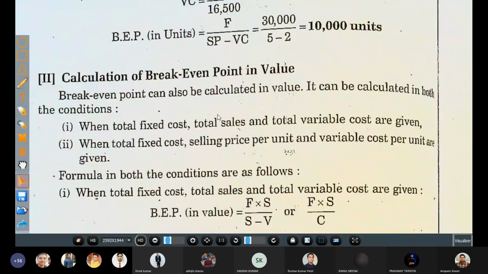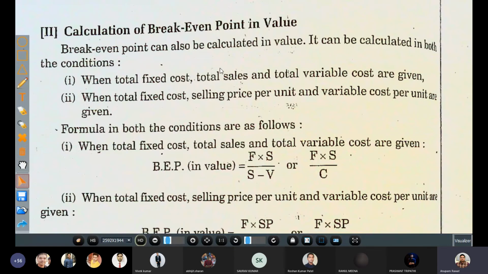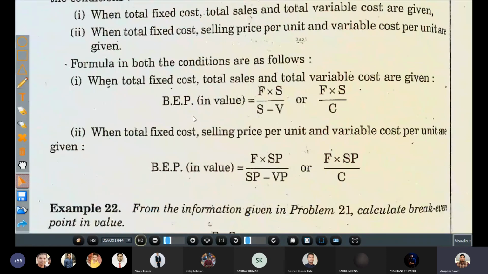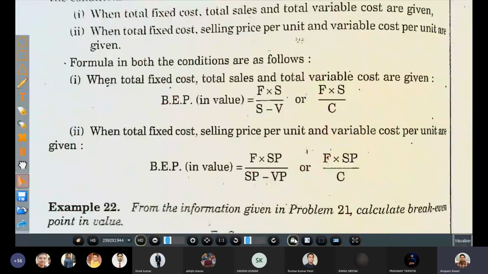Now, if we have to calculate the break-even point in values, the break-even point can be calculated in both conditions: when total fixed cost, total sales, and total variable costs are given, or when total fixed cost, selling price per unit, and variable cost per unit are given. The formula in both conditions is break-even point is F into S divided by S minus V. F is the total fixed cost, S is the total sales, divided by the contribution.